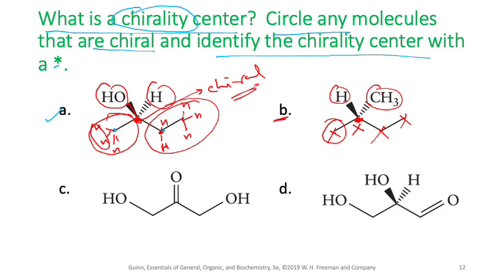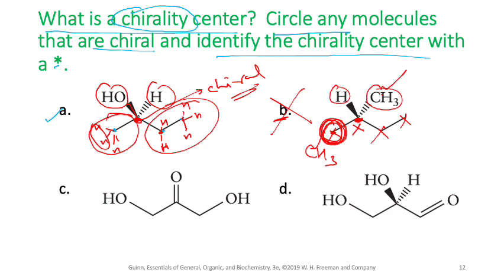This group is also a CH3. You have 1 carbon and 3 hydrogen. So this one and this one are the same group. Out of the 4, 2 are the same. B is not a chiral molecule because it doesn't have any chiral carbon in there, right?